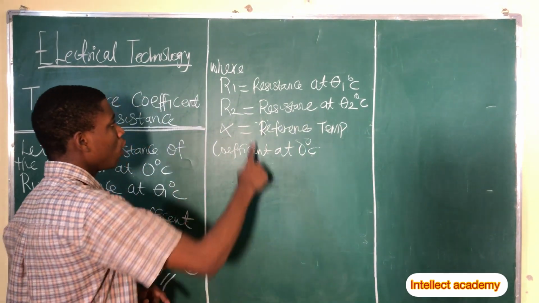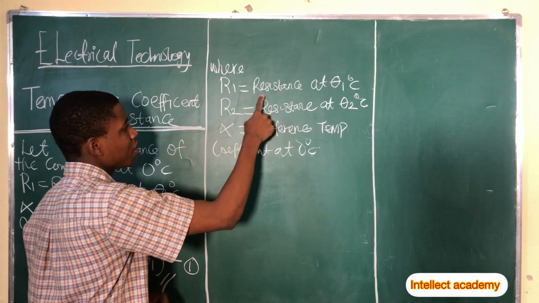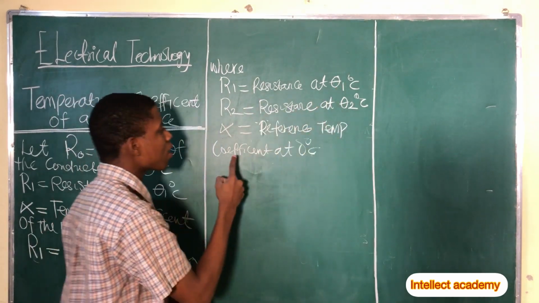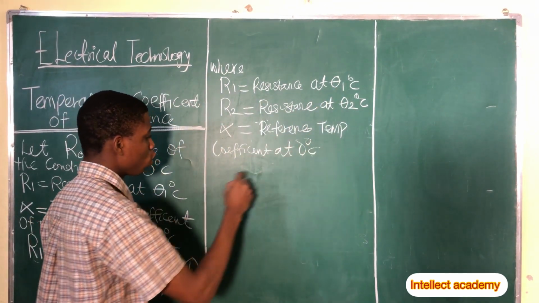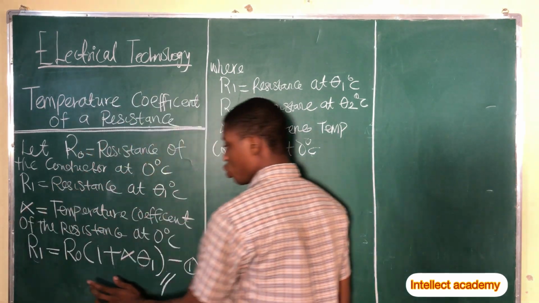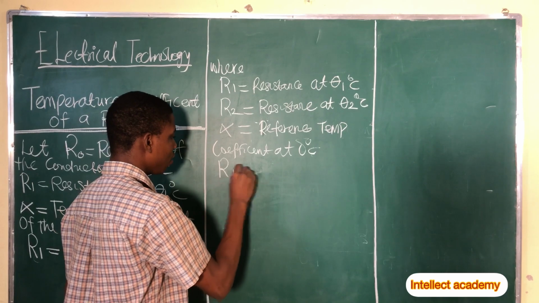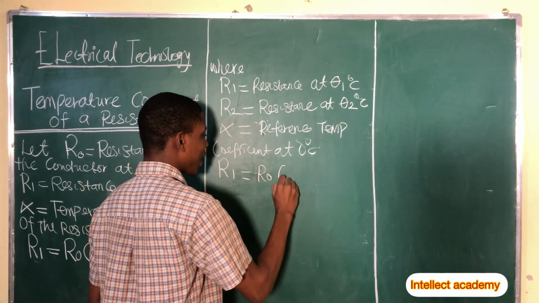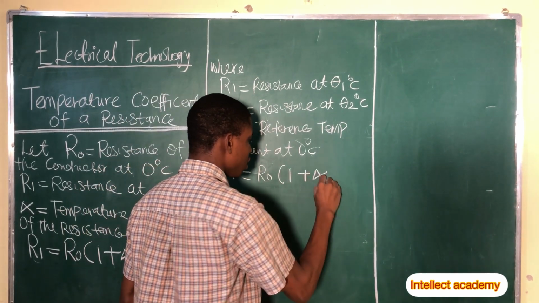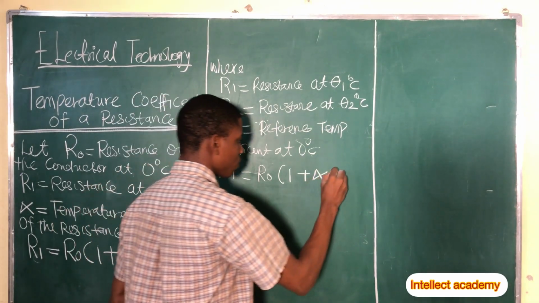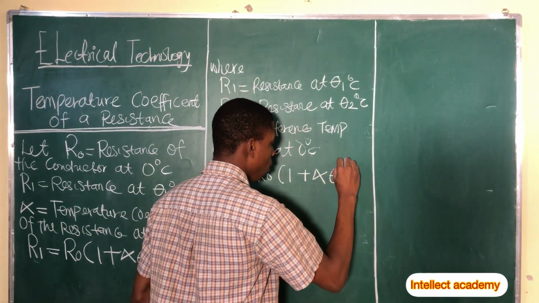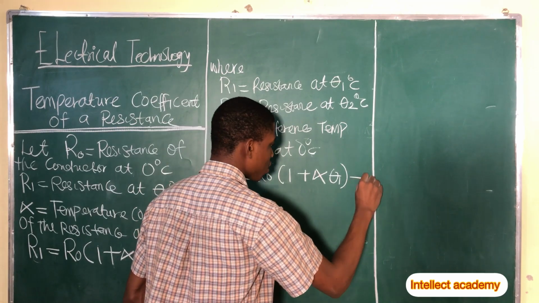Now, take note. For a case where we have the resistance at theta 1 degrees with respect to the reference temperature, we know that this is the expression. So we have R1 equals R0 bracket 1 plus the reference temperature coefficient multiplied by theta 1. So we have this as equation 1.